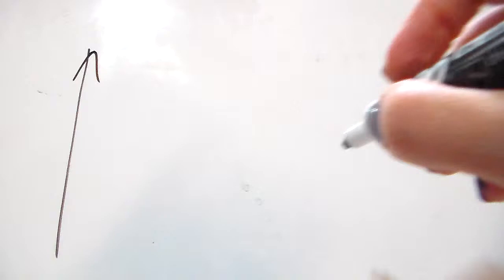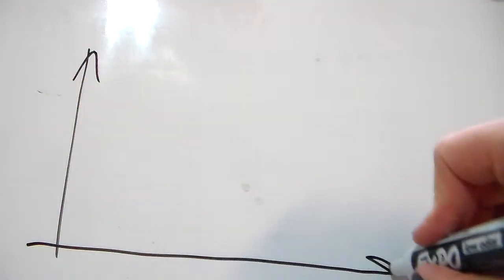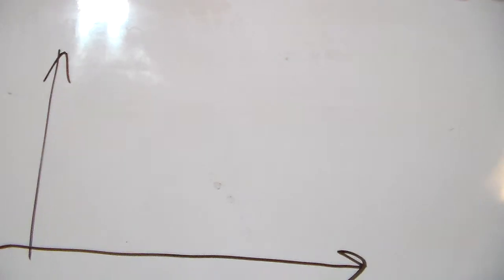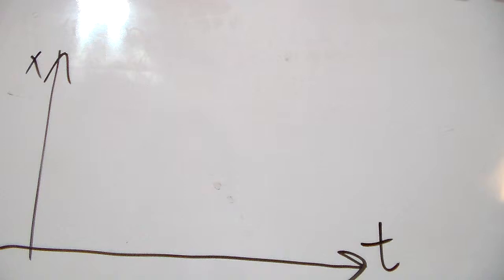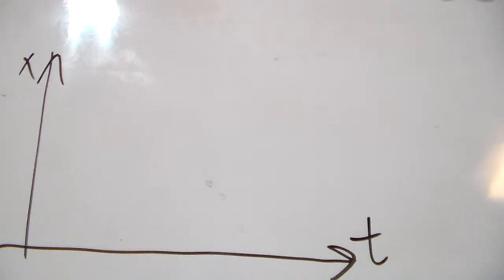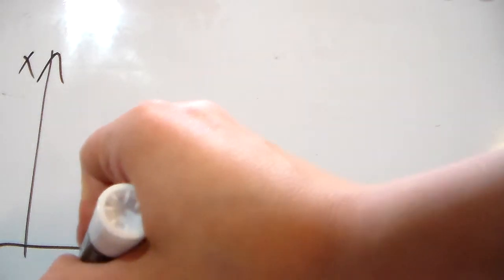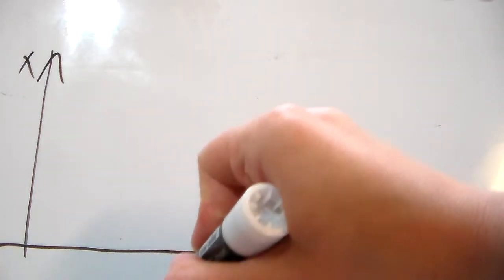Let's say, for example, my object starts at t equals 0, at x equals 2 meters.